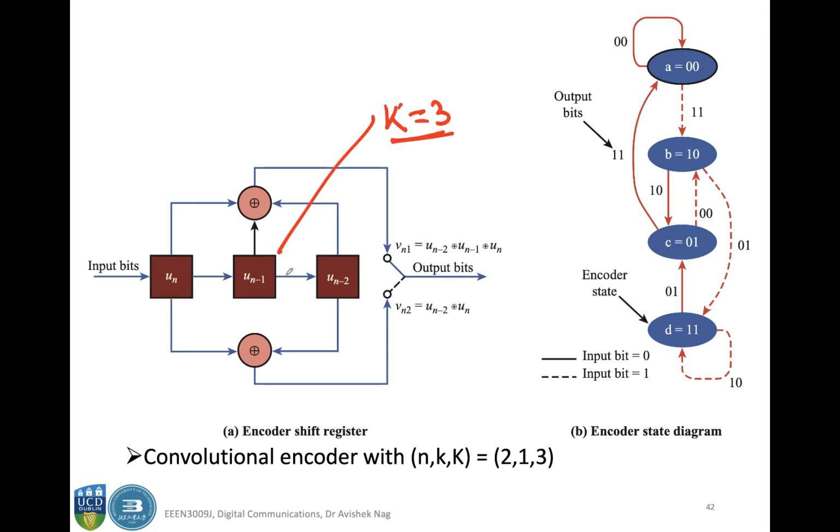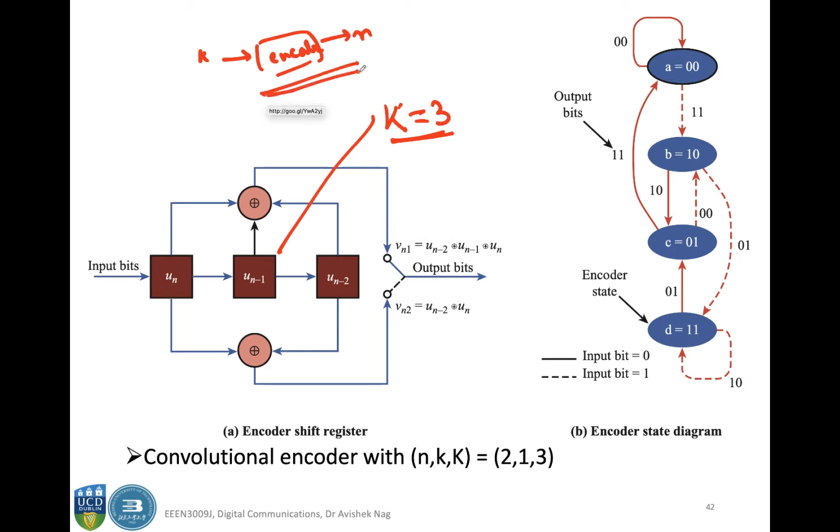So in this example, your capital K is 3, and you are taking small k bits as input, and then let's say this is your convolutional encoder, and you are outputting n bits.